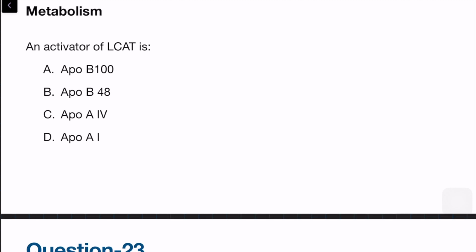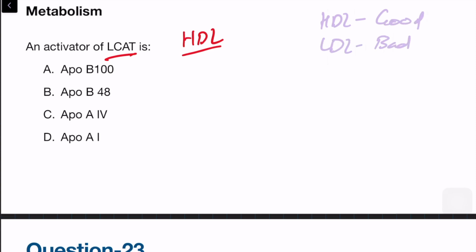Activator of LCAT. Okay, this may seem like Greek and Latin if you had not studied this, but the function of LCAT is very important in HDL. We would have studied previously that HDL is good cholesterol and LDL is the bad cholesterol, but things are changing pretty seriously. LDL is not regarded as bad cholesterol anymore. The world has stopped seeing LDL as the culprit.